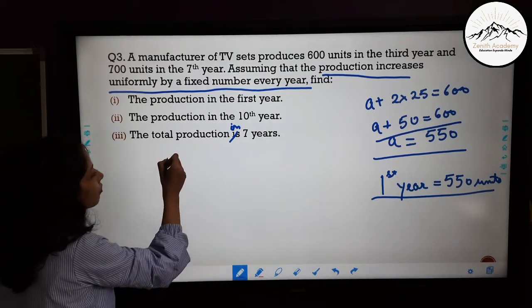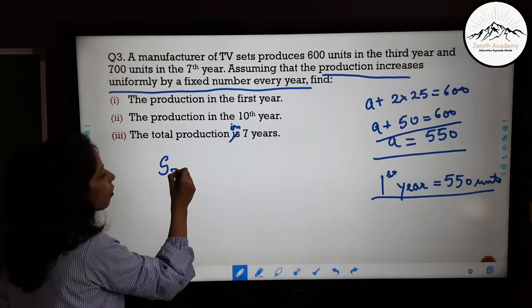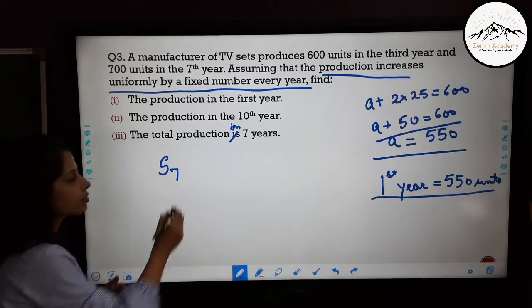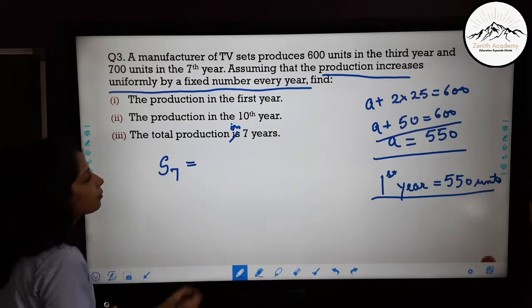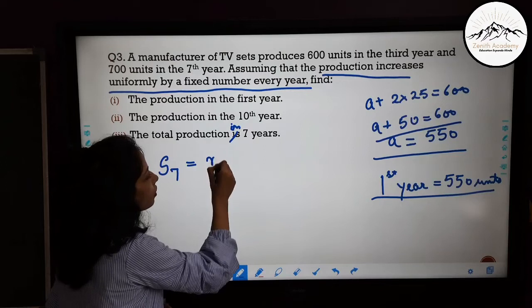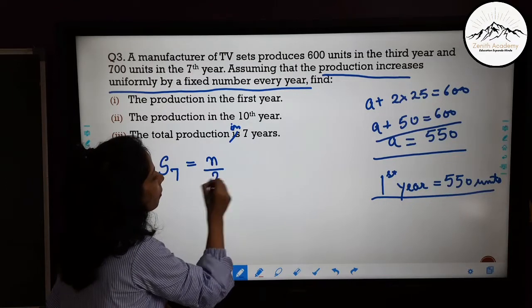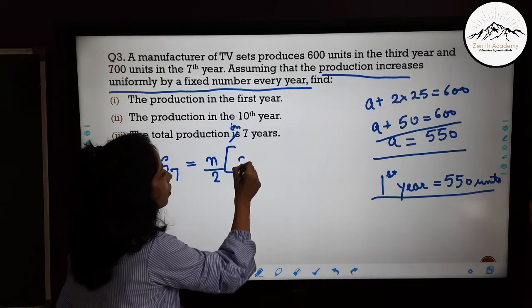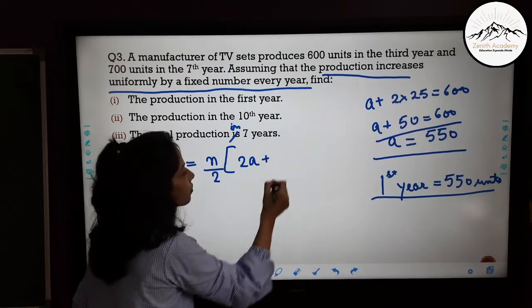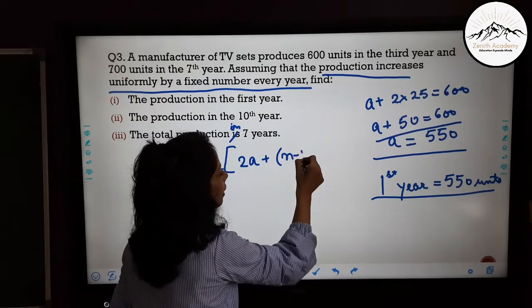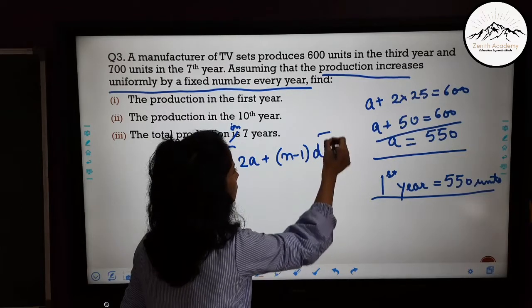So the sum of 7 years, we can denote it by S7. We know the formula, n by 2 into (2a plus (n minus 1) into d).